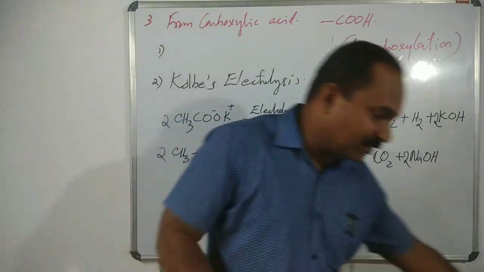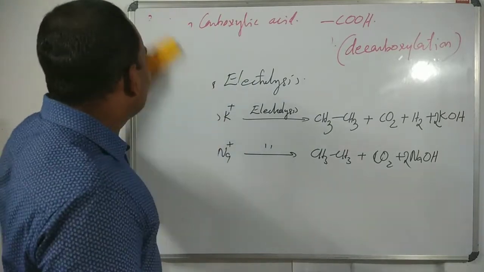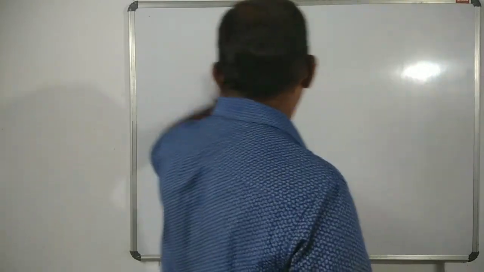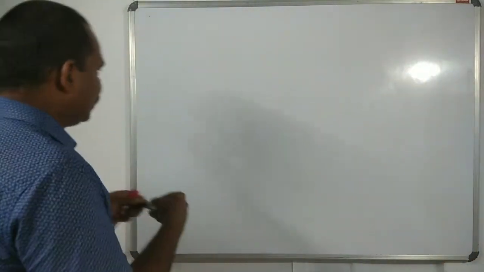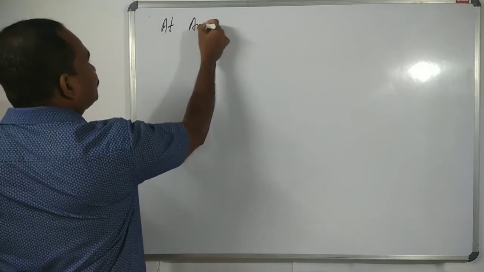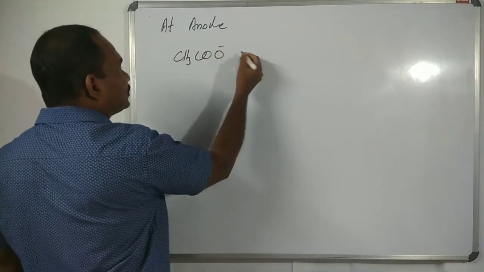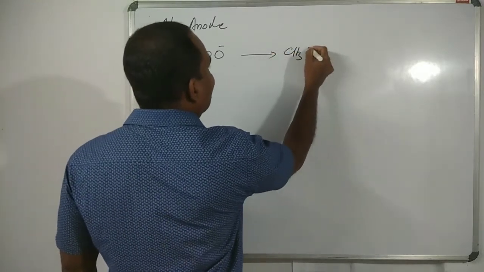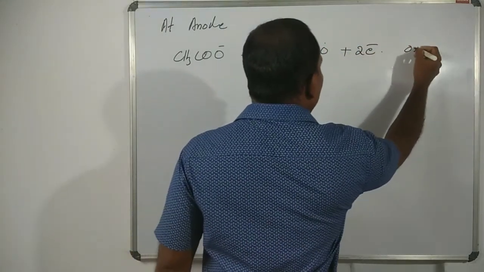And the mechanism for this reaction. Mechanism means what happens at the electrodes. You know that electrodes are metal rods dipped in the electrolyte. So at the anode, oxidation takes place. At the anode, CH3COO minus gives CH3COO free radical plus an electron.